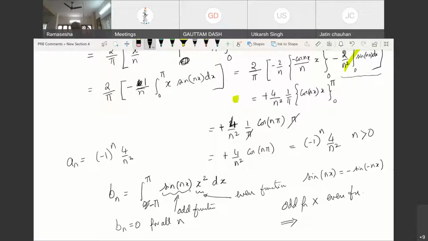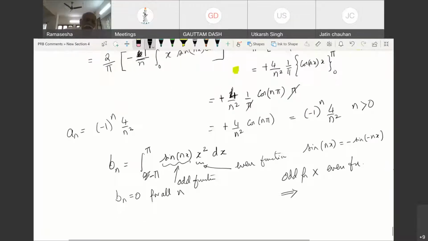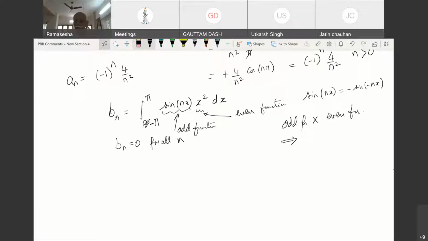So if you integrate an odd function over a symmetric interval about 0, what happens to the integral? Zero, sir. Zero, because the negative integral on one side and the positive integral on the other cancel, since the two are equal. So b_n equals 0 for all n, as x squared is an even function.